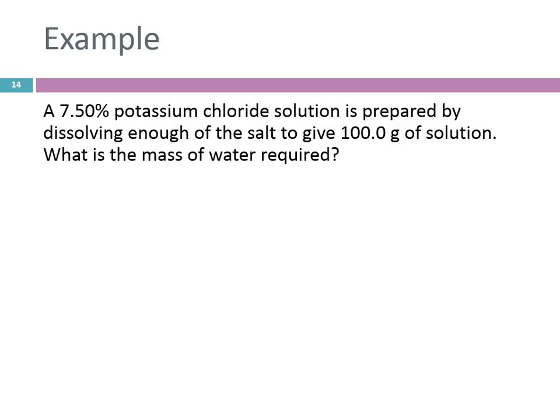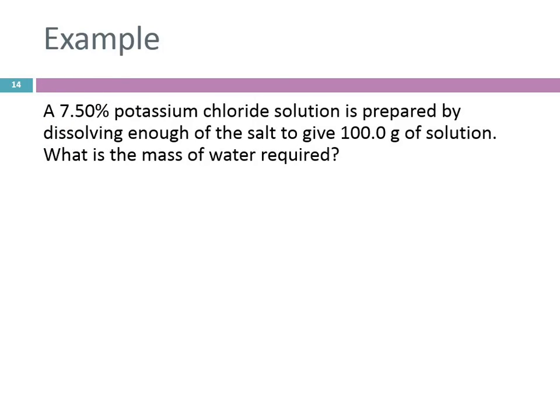So we have a 7.5% potassium chloride solution prepared by dissolving enough of the salt to give 100 grams of solution. What is the mass of water that is needed? So we read through the problem, and here we have a number.